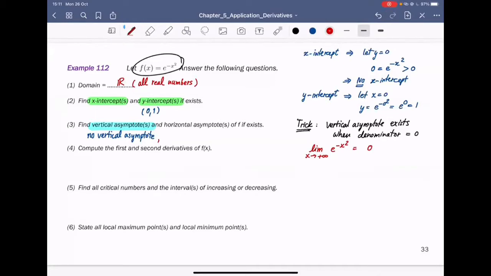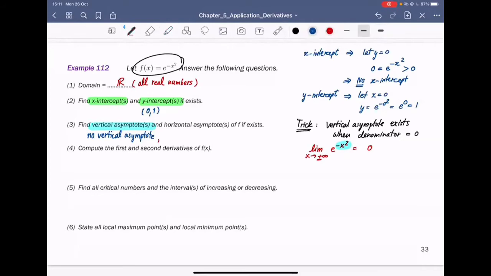Well, the same thing with the limit when x goes to negative infinity. This is also 0 because no matter what, you square first and then you take the negative sign. So the power here that I highlighted in light blue is going to be a negative number. E raised to a very, very big negative number is going to be 0, right?